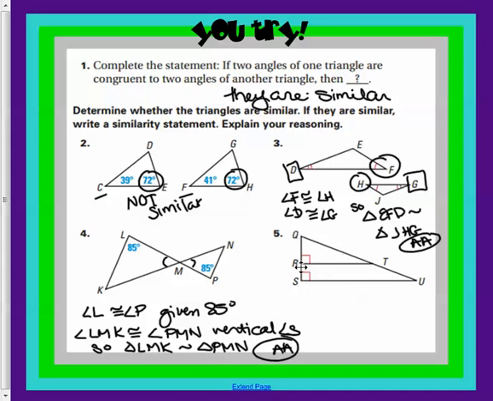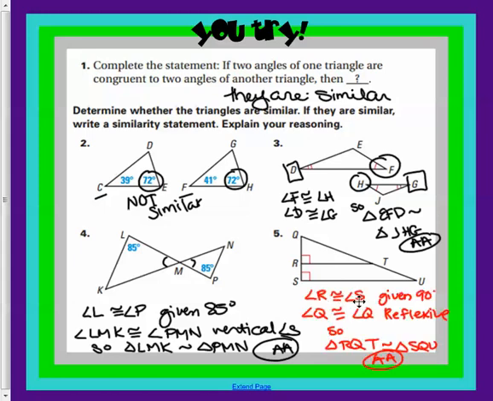If we look at number 5, it's also angle-angle. So angle R is congruent to angle S because they're given 90 degrees. Angle Q is congruent to angle Q because of reflexive. So triangle RQT is similar to triangle SQU because of angle-angle.